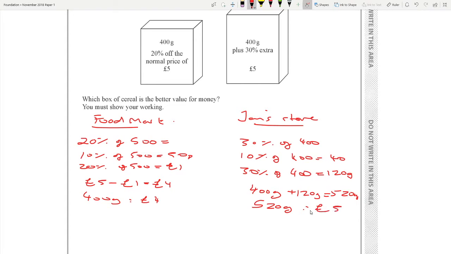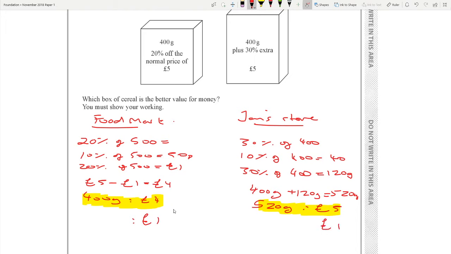Now, with a question like this, for us to compare these two values, the 400 grams for £4 and 520 grams for £5, we can do one of two things. We can either work out the cost per gram for each one, or, probably easier, find out how many grams you'd get for £1 in each one.